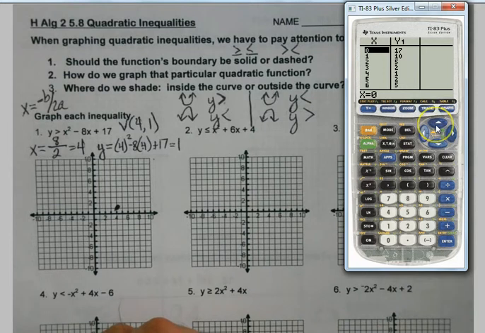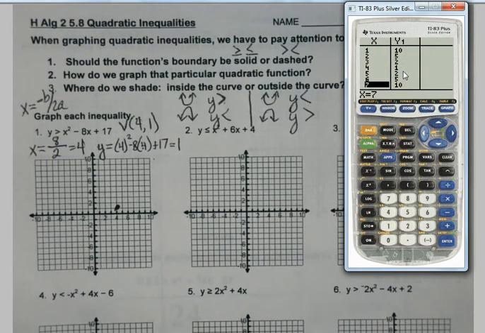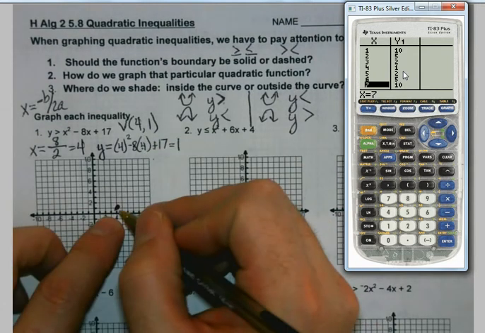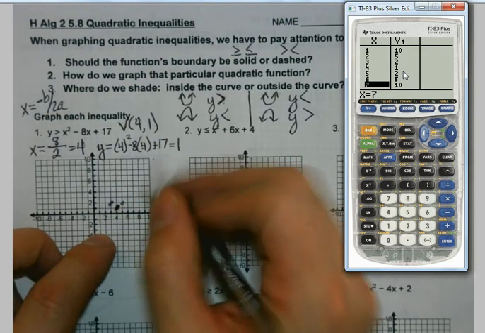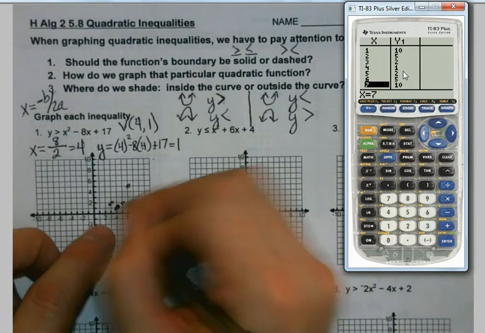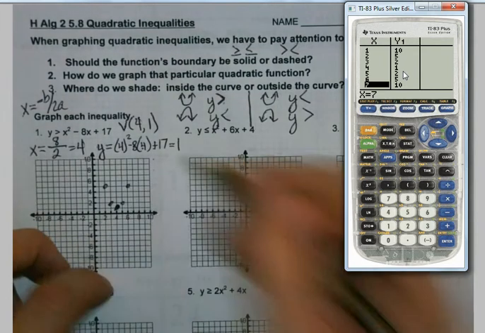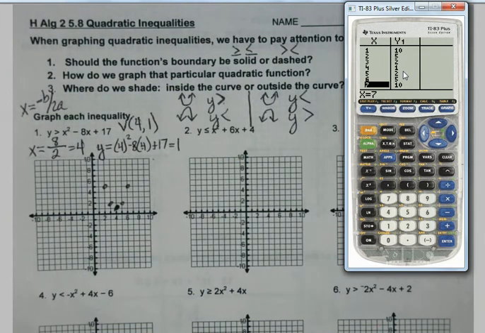Because the nice thing is, as long as my vertex is in the middle, I get to reinforce that I have the right answer because I see the symmetry that's involved. So in this case, we got 5, 2, and 3, 2. We got 6, 5, and 2, 5. And again, 5 points is enough. If you can fit in the other ones and you want to do that, you can.